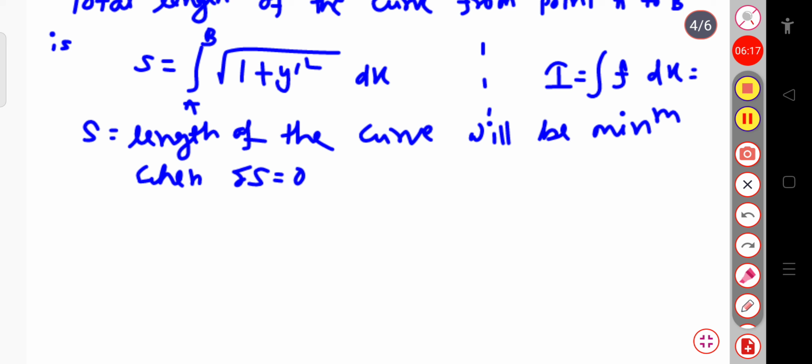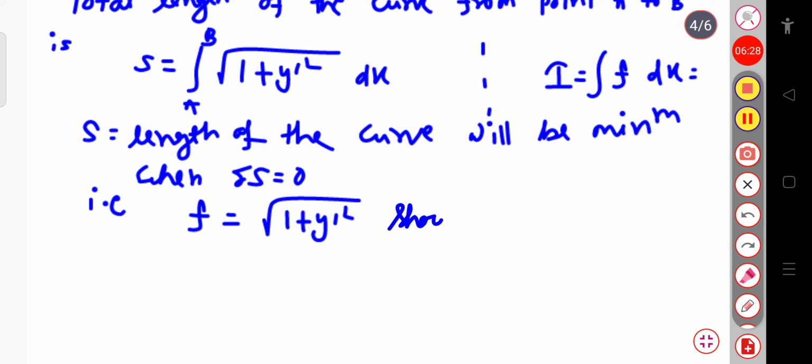So now f equals the square root of 1 plus y prime square, that is f equal to this much. It should satisfy the Euler-Lagrange equation.